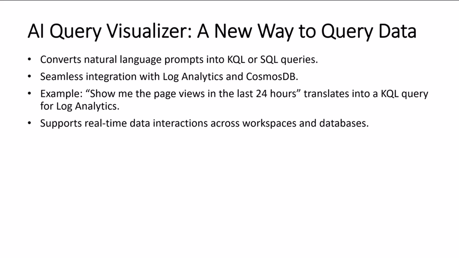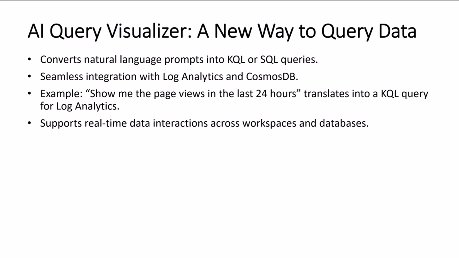So it's going to generate the query for KQL. If it is SQL, the corresponding columns, whatever we ask, it's going to map to the table that we feed in as a meta prompt. I will walk you through what a meta prompt is, what the persona is, as we talked about in the previous topics, but I will touch on it a little bit when we do the demo. It supports real-time data interaction across workspaces and databases.